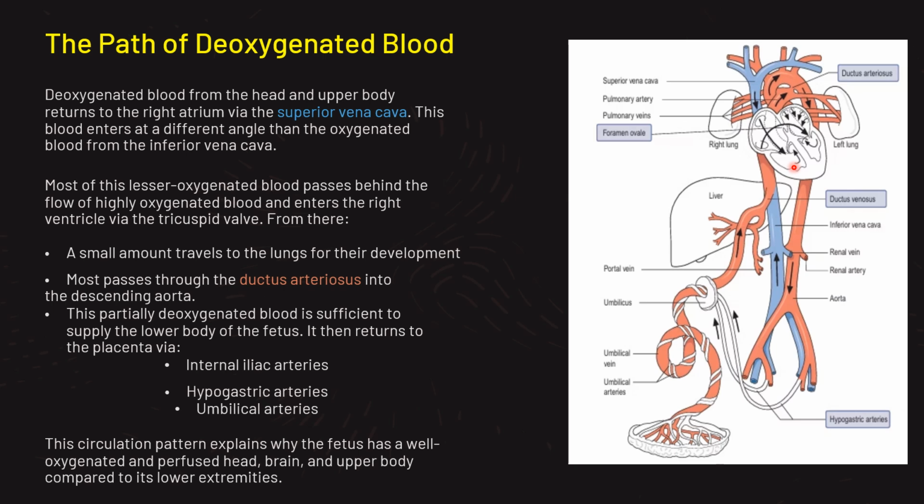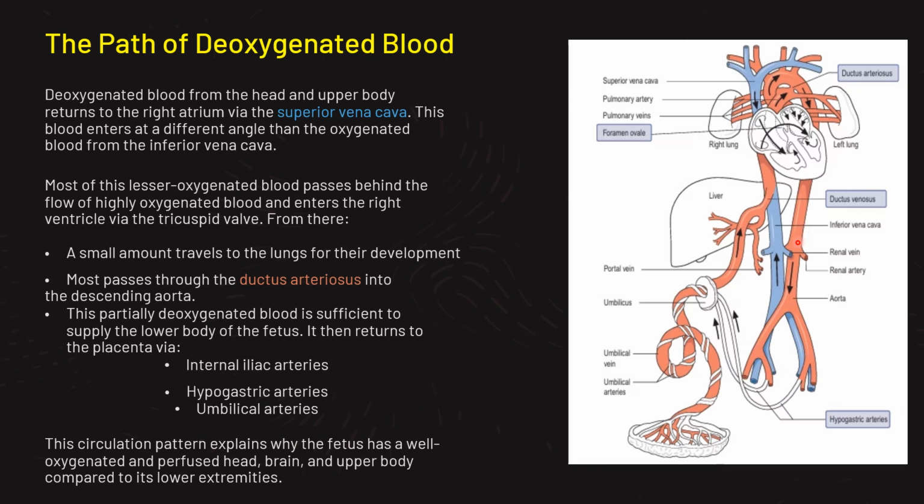From here it pumps into the pulmonary artery. Because the fetal lungs aren't functioning well, most of this blood bypasses the lungs through the ductus arteriosus, and it gets connected to the descending aorta. Now the blood flows down to supply the lower body.